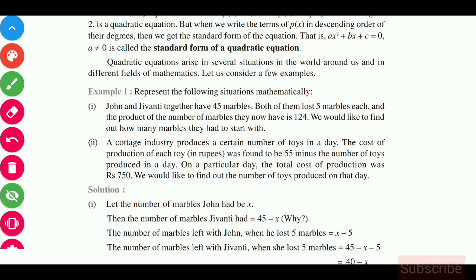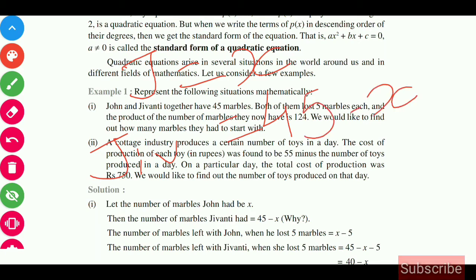Now let us relate this equation with one variable, since we are covering quadratic equations in one variable. The number of marbles with John will be x, so that with Jivanti will be 45 minus x.